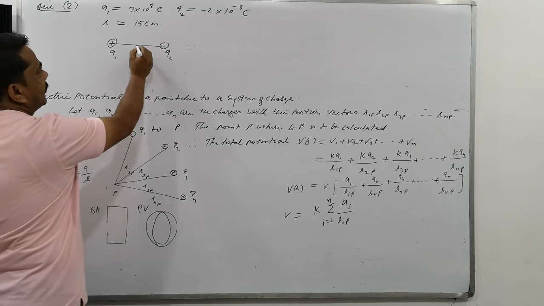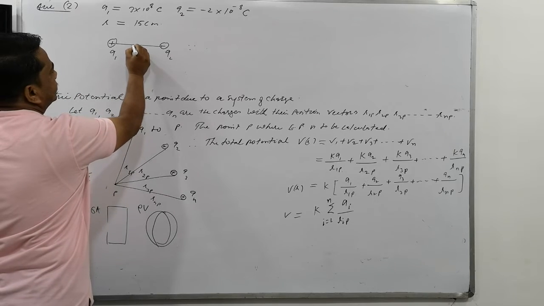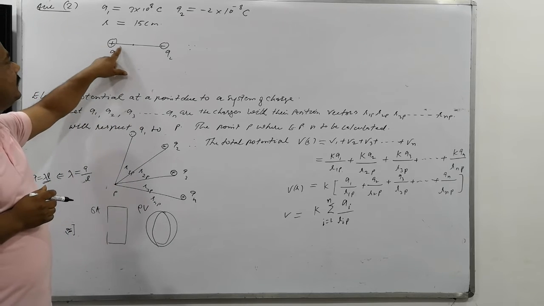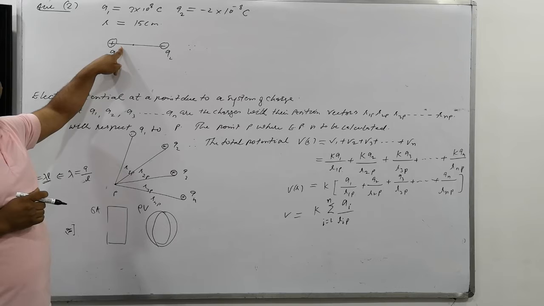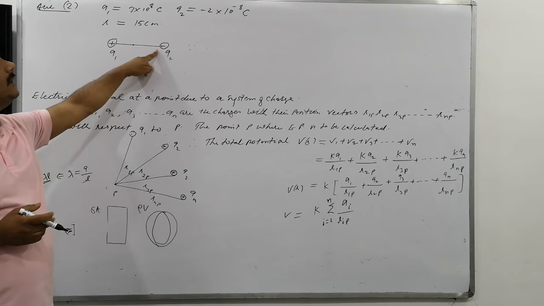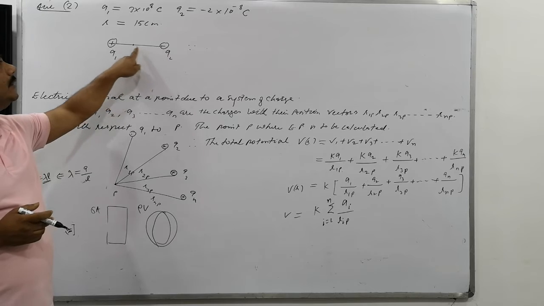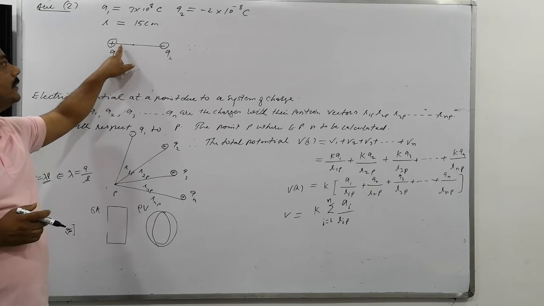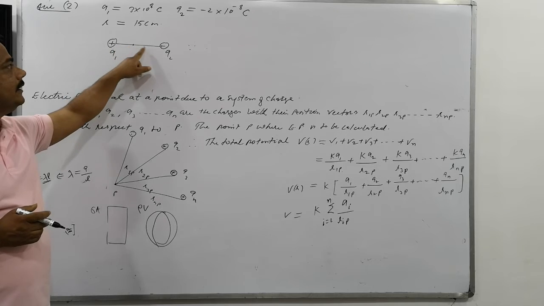So some point will be there. The potential due to Q1 will be positive here, and the potential due to Q2 will be negative here.